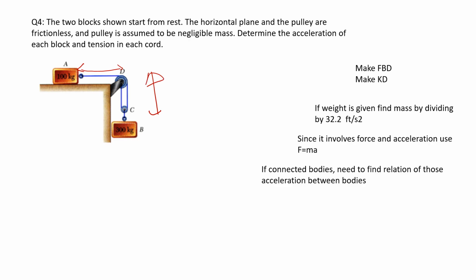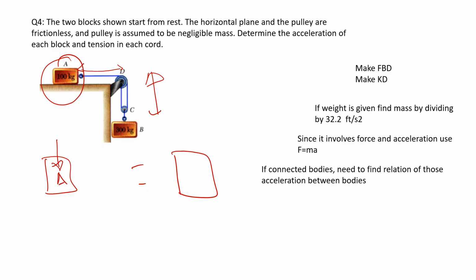For this problem, you can use the rectangular coordinate system, but whenever you are solving the problem, you must make the free body diagram and then the kinetic diagram for whatever the body. If you are doing it for A, then you need to consider the weight and the tension, and in the kinetic diagram, ma x and the normal force.